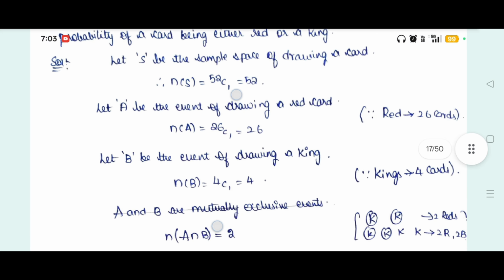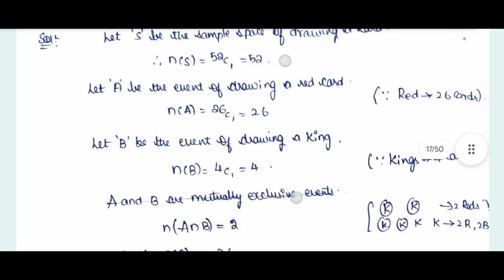Let A be an event of drawing a red card. How many red cards exist? There are 26 red cards, and from that we have to draw exactly one.